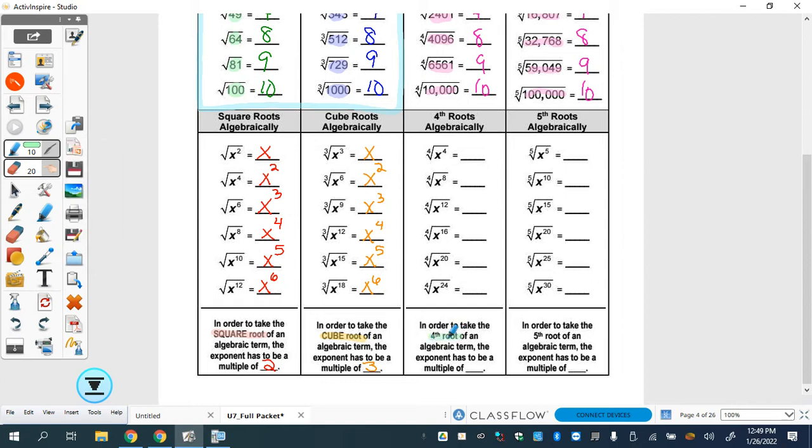So then if you're trying to take the fourth root, what do you think it needs to be a multiple of? 4. Very good. Whatever root it is, that is what it needs to be a multiple of. So when you're taking that fourth root, you just divide those exponents by 4. So x to the first, x squared, x cubed, x to the fourth, x to the fifth, x to the sixth.